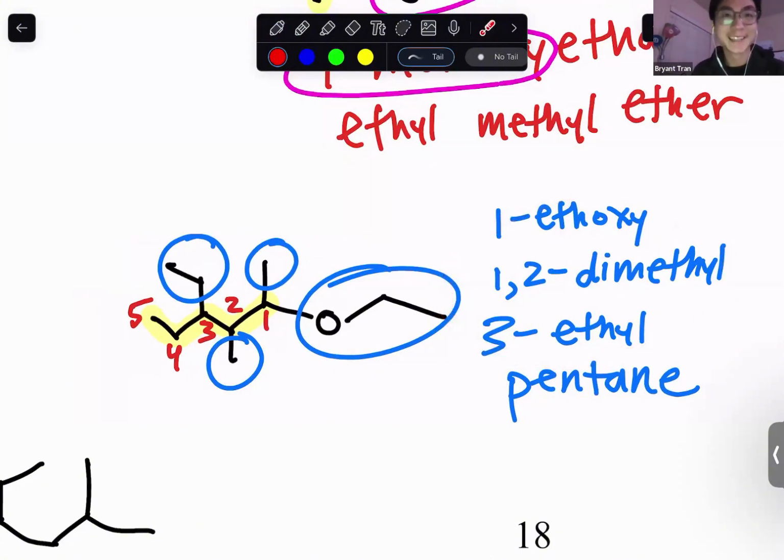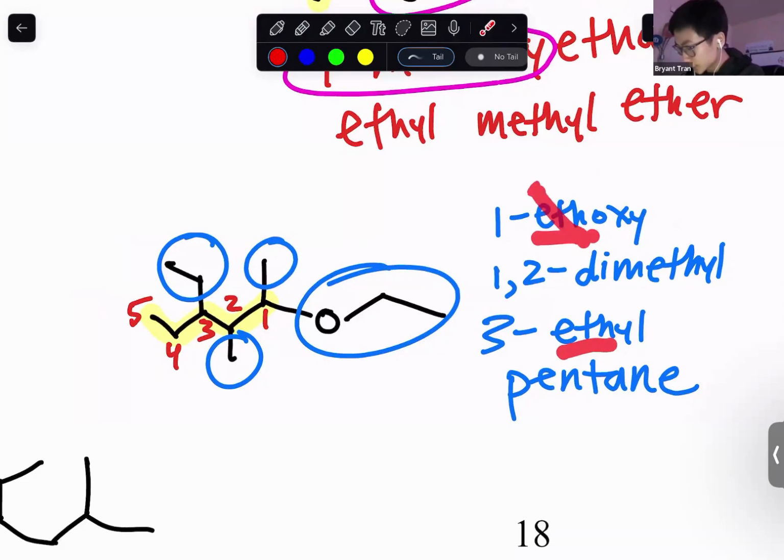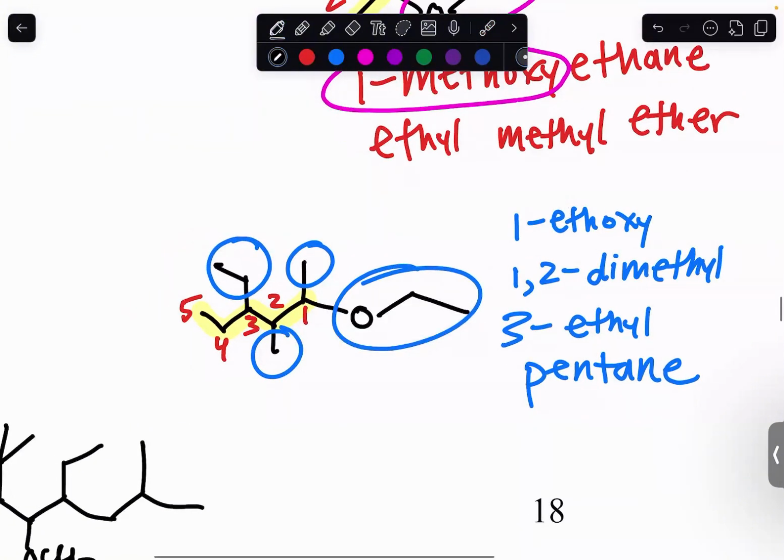Then what do we do? Ethyl would be first because we're doing, or no, would it be ethoxy? Ethoxy, yeah, ethoxy, because E-T-H cancels out and then O comes before Y, so it would be ethoxy first, right? Oh, I thought oxy is always going to be first, or is that not true?